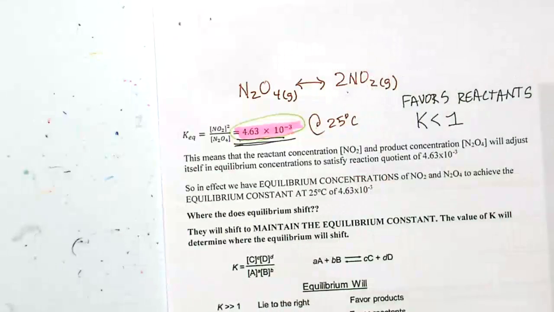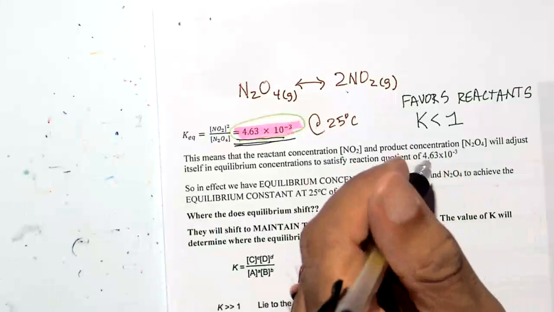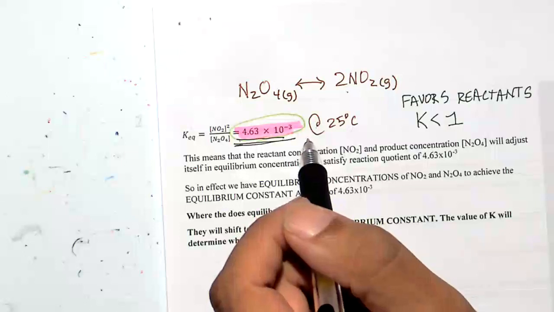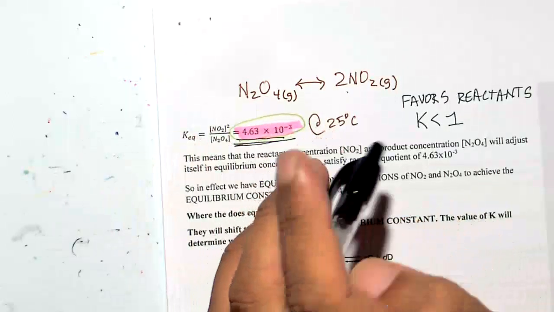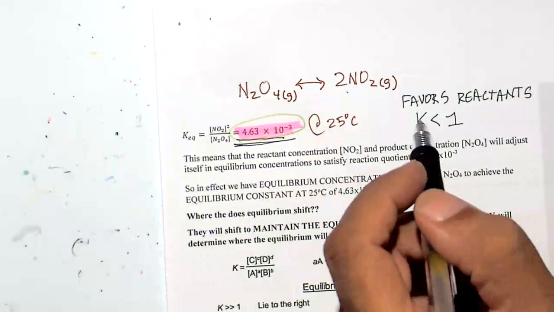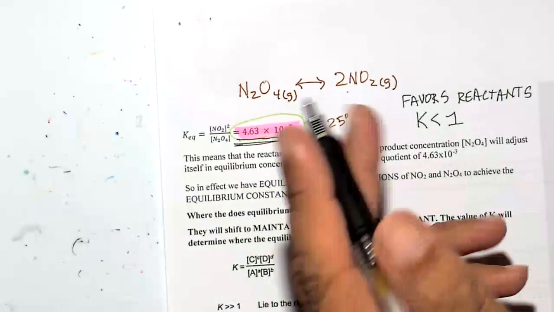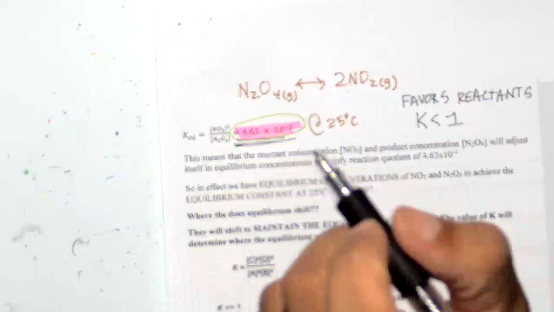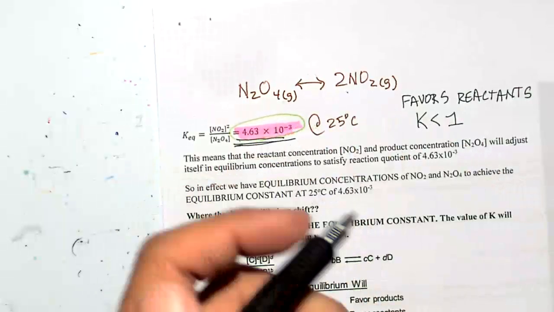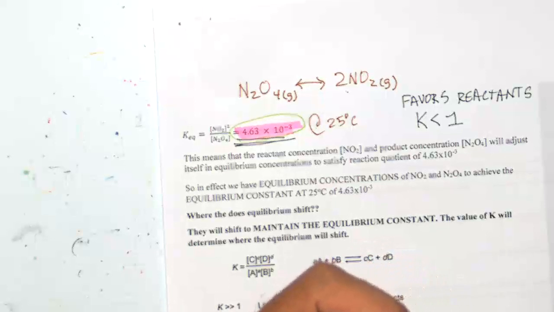How about if I give you this example? If I gave you $1 million, would you move forward or backward in your life? Most people would move forward. $1 million is a ton of money. So a large K value, like $1 million, means the reaction is moving forward.